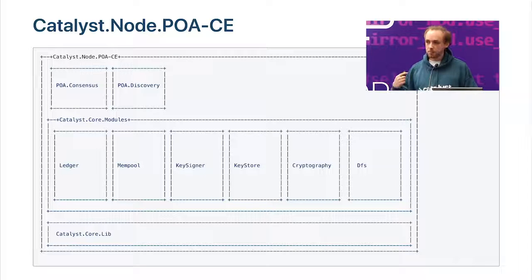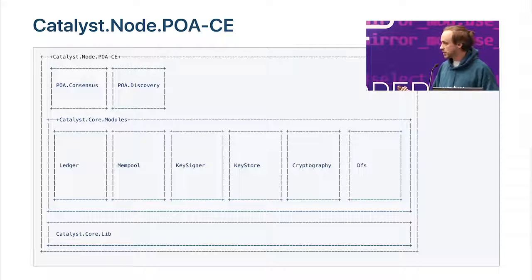The deterministic mempool that we discussed. The key signer, which is essentially a wallet that signs your transactions and your messages on the network. The key store keeps your keys safe. The cryptography module, which includes our bulletproof and range-proof private transaction implementation, and the distributed file system module as well, which contains that global file storage for everyone to use.